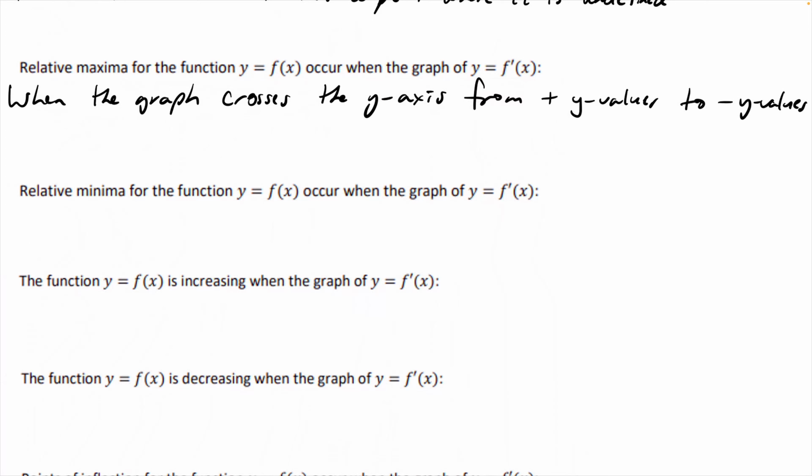From positive y values to negative y values. When it does that, you got yourself a relative maximum. The opposite's going to be true for relative minimum.